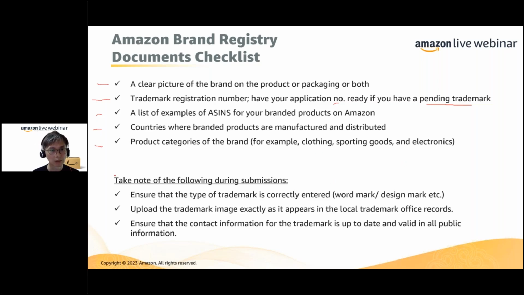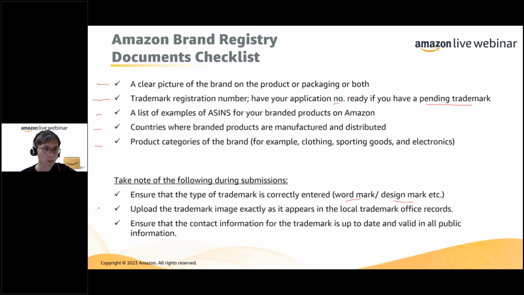Now take note of the following. Ensure that the type of trademark is correctly entered, meaning you have to choose whether it is a word mark or a design mark. A design mark is an image-based trademark. You have to upload the trademark image exactly as it appears in the local trademark office.